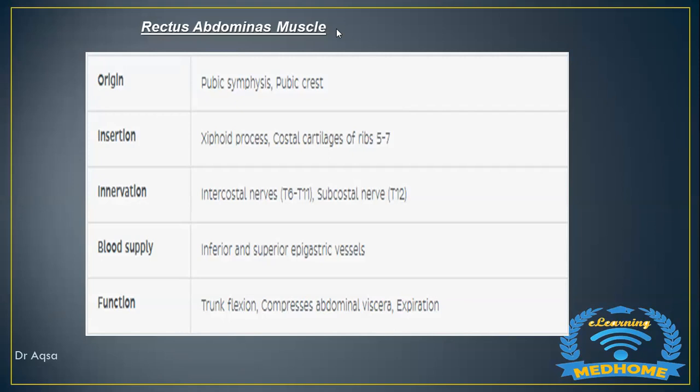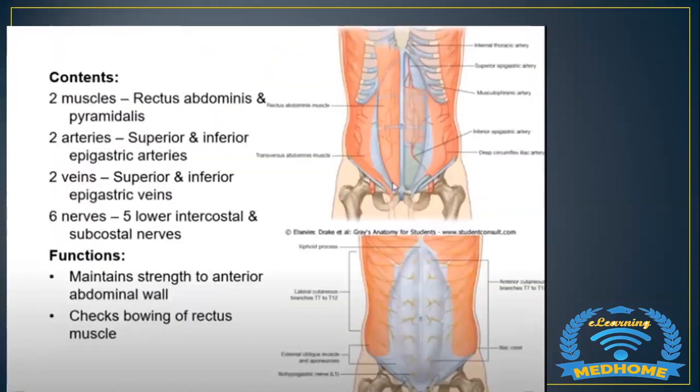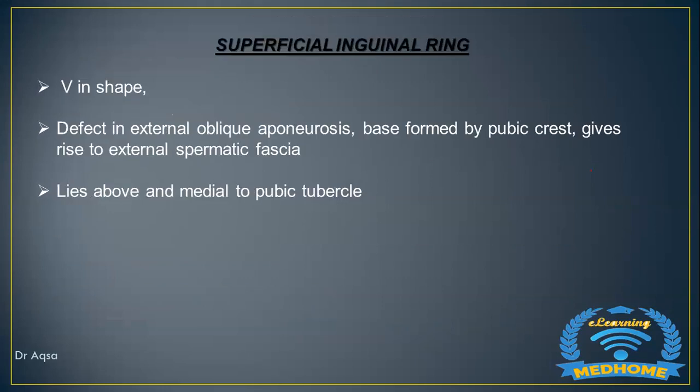Yes, ma'am. So tell us. Look, what it says, the cartilages of ribs 5, 6, and 7. How many tendons? 5, 6, 7, so 3. Yes, exactly, you're very right. It becomes 3 tendinous insertions for rectus abdominis muscle.